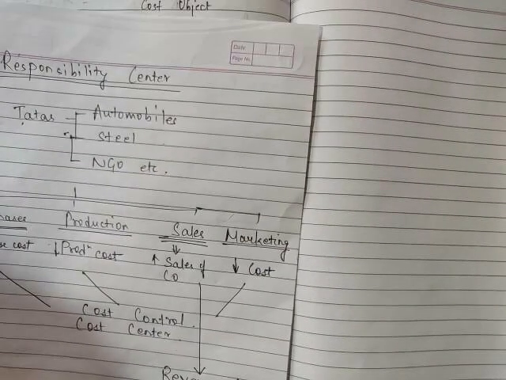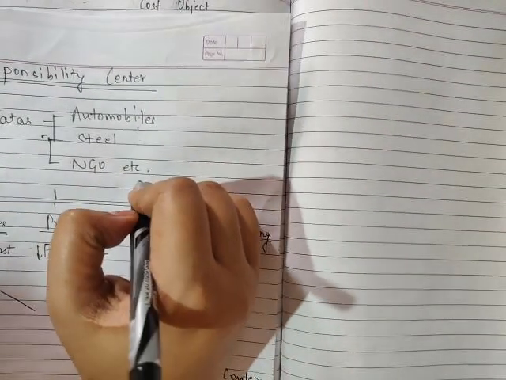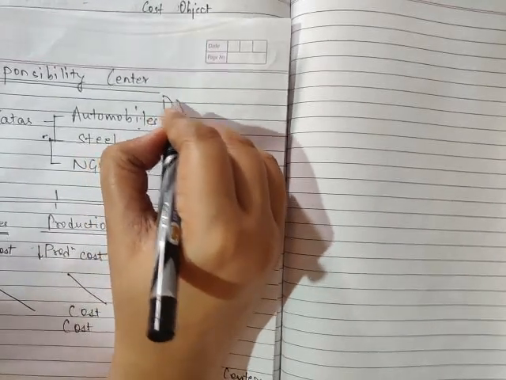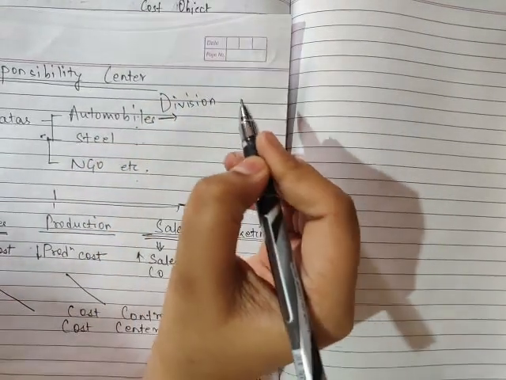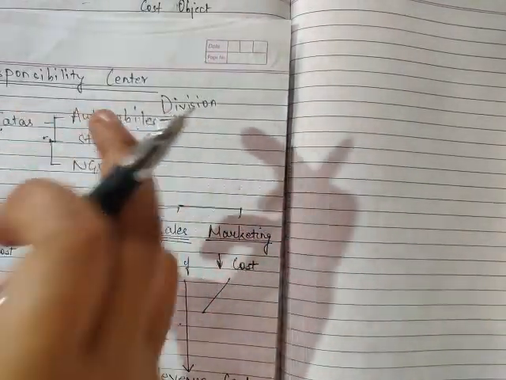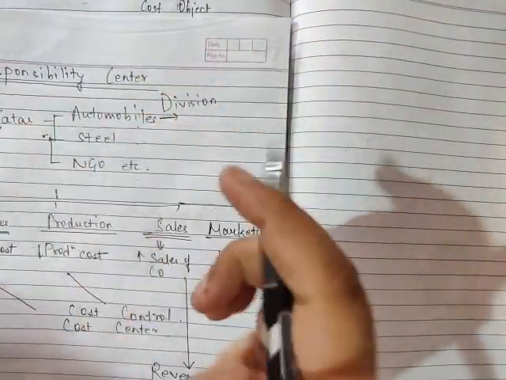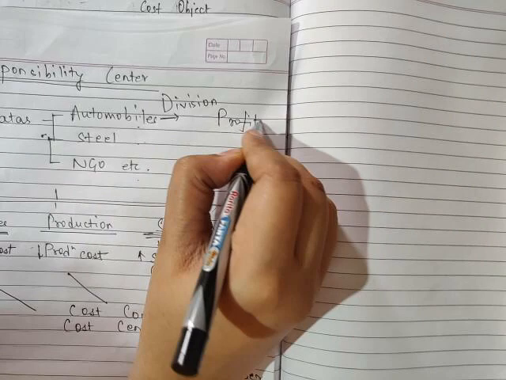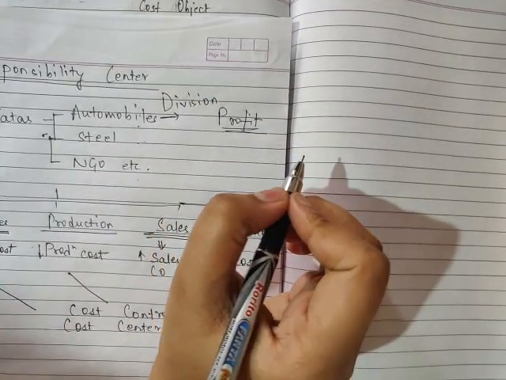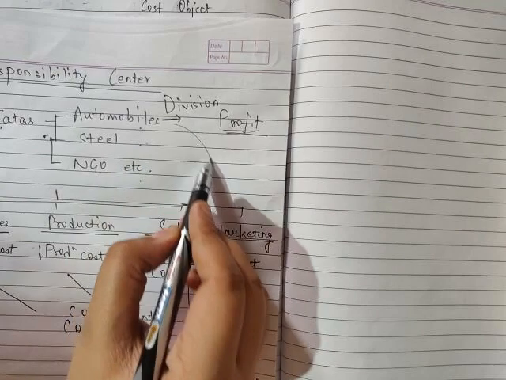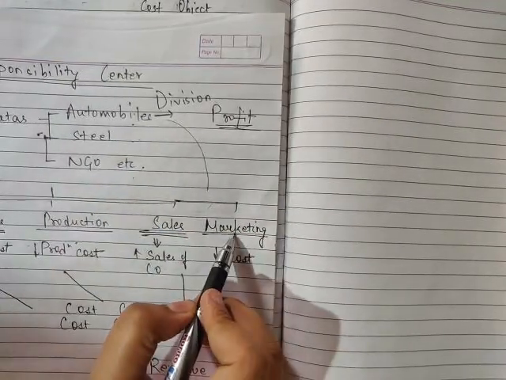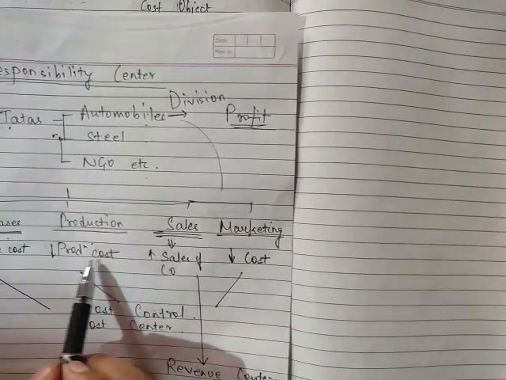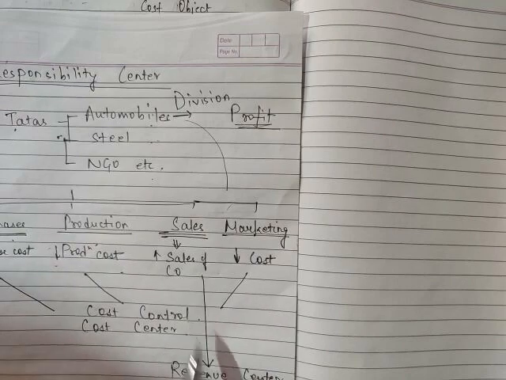Now suppose these are three divisions. So the automobiles division of Tata, whoever will be the head of this division, will be responsible to ensure that the division continues to give a suitable profit. So the automobiles division might be divided into all these departments. The individual department head will be concerned about his own functions, that is, to control the cost or increase the revenue.